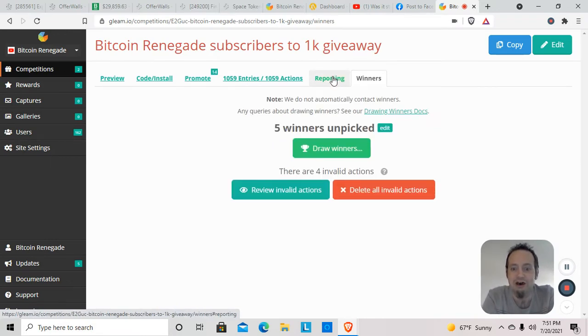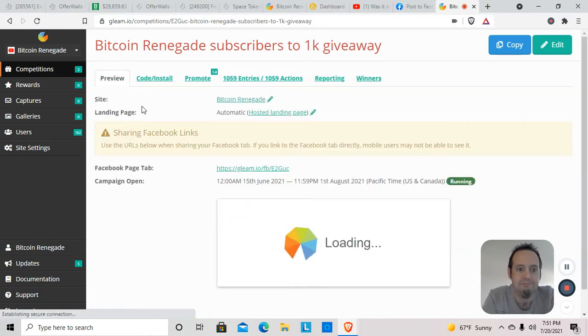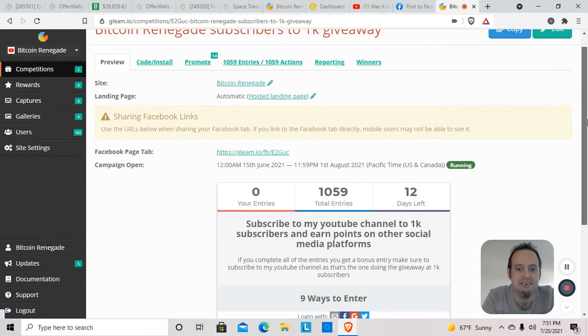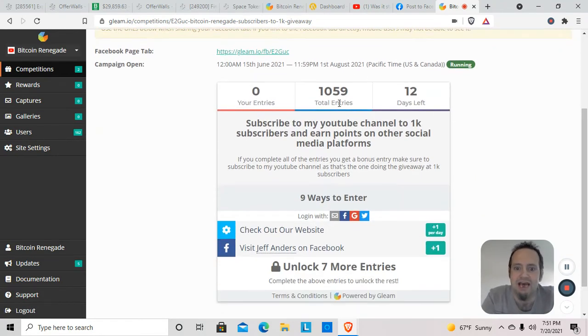See? So there are 4 valid and invalid actions. So yeah, somebody did an invalid thing. That's okay though. But gosh, where is this? All right, well, it's not given. Oh, I know where I need to look.